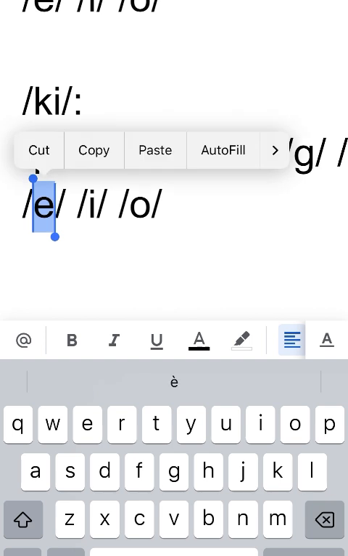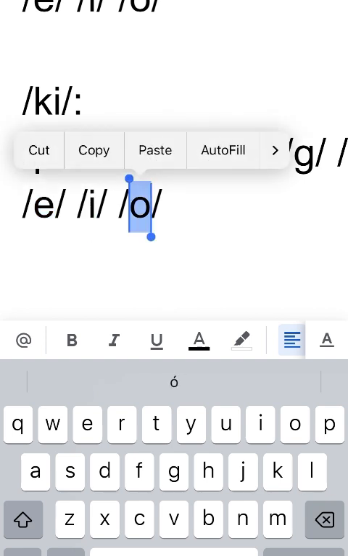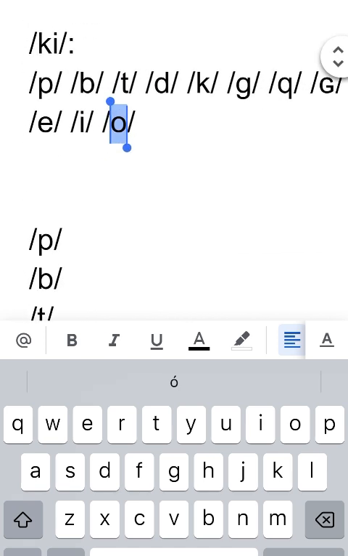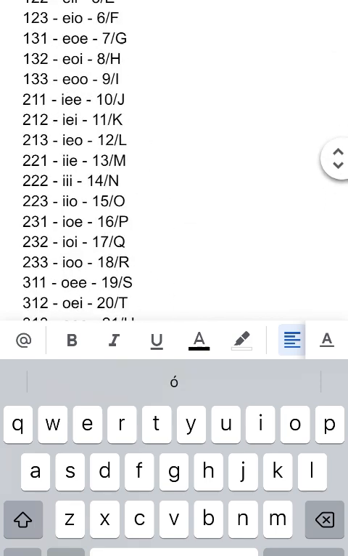So like A, E, and O, one mouth makes A, one mouth makes E, and another mouth makes O. Of course, I only have one mouth, so I cannot pronounce this, but I wanted to know how many combinations there were.